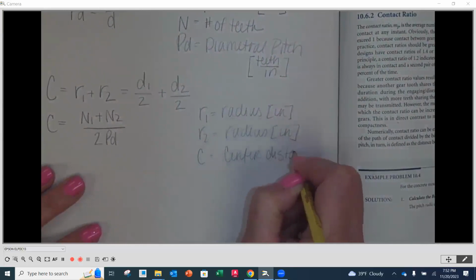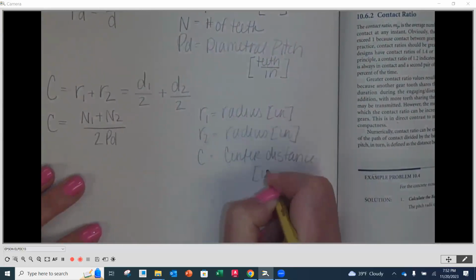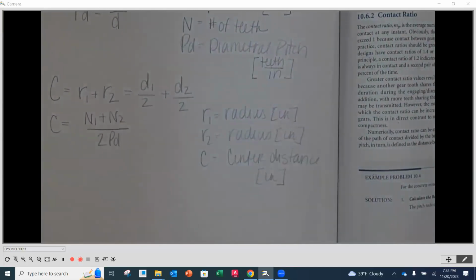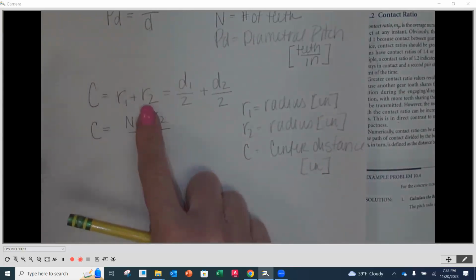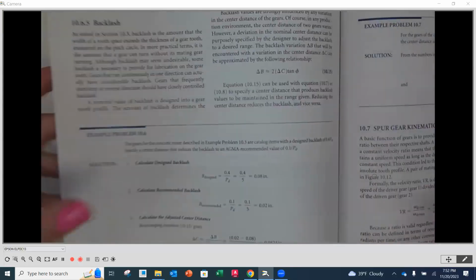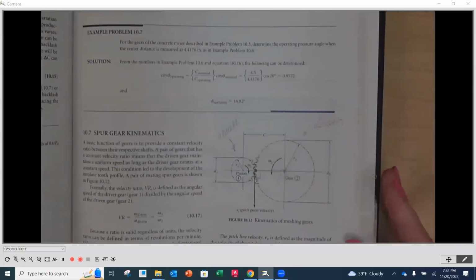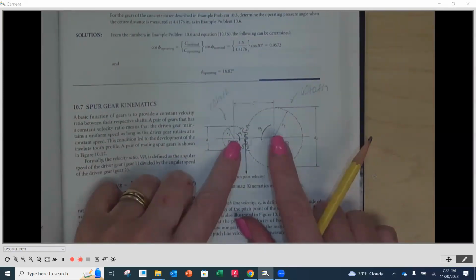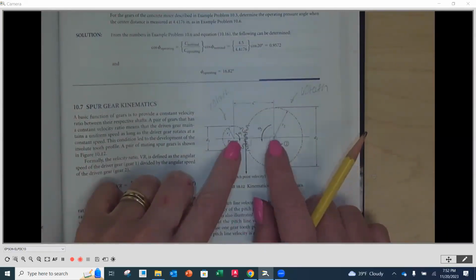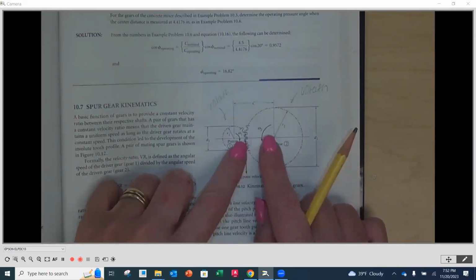So what's the difference between R1 and R2, and R and center distance? There isn't one. It's just that this is the radius of one gear to the next. When we look at, I think this is the best picture in here, if I go from the center of one gear, the pinion for instance, to the center of the gear, it's the radius of the gear plus the radius of the pinion.